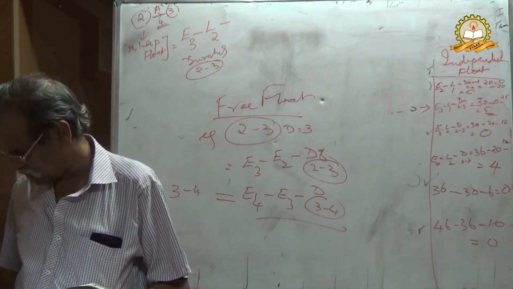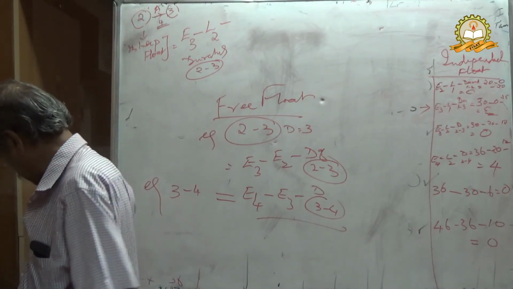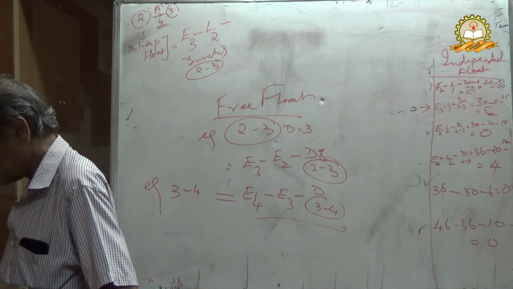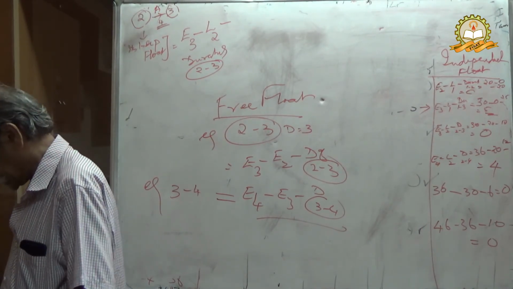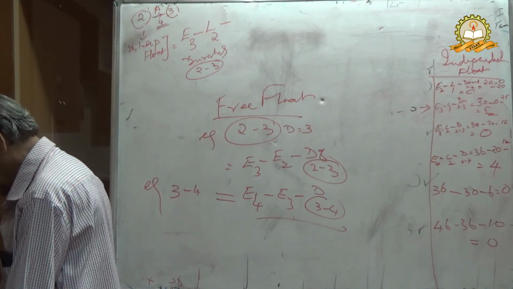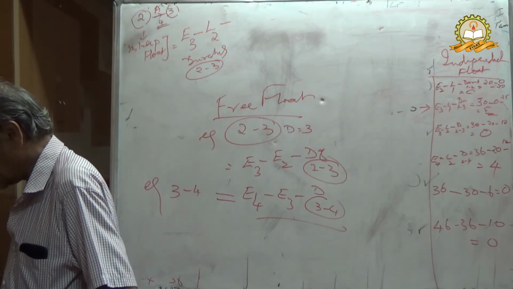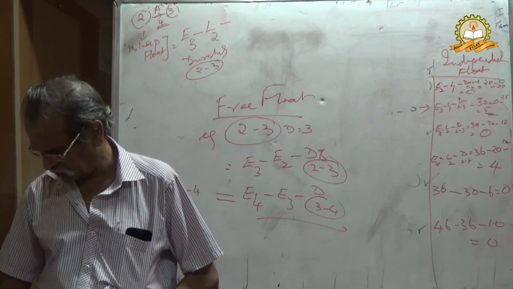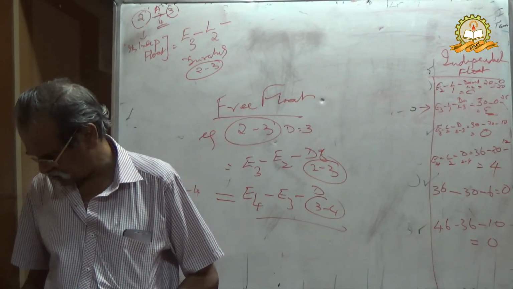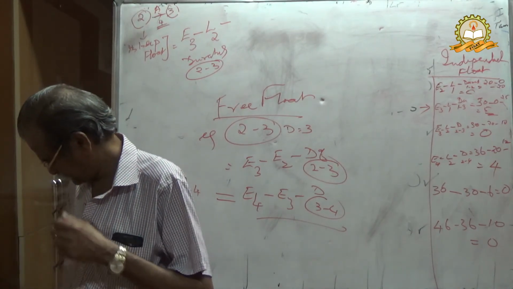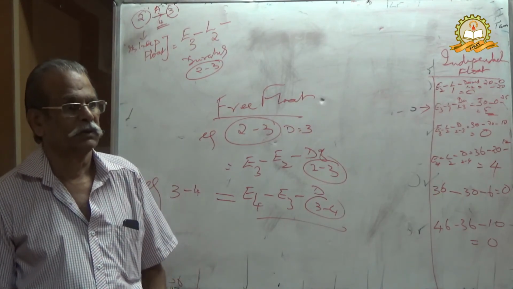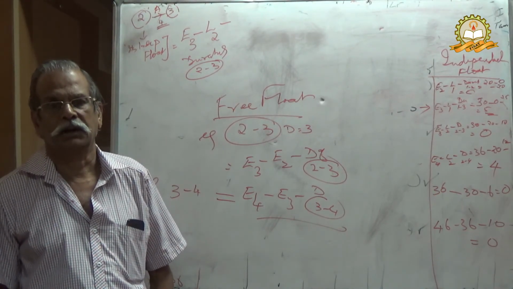Okay. That is about network and critical path method. You can expect a compulsory question under CPM, critical path method.